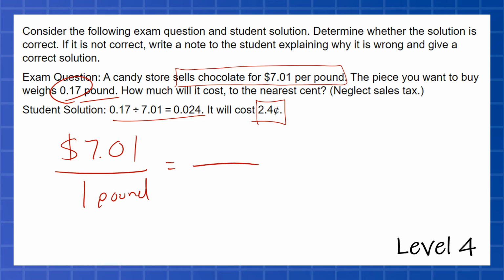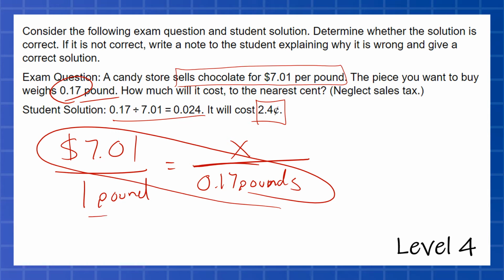And this time we have how many pounds? 0.17 pounds. Notice I put the pounds with the pounds. They're both on the bottom. And what I want to know is what is my dollars right here, okay? And we can cross multiply and divide. So if you look at what they did, they actually took 7.01 and they divided by 0.17 when we should have multiplied.